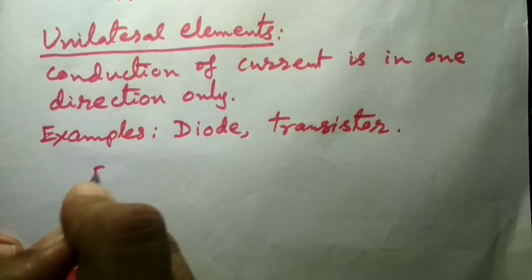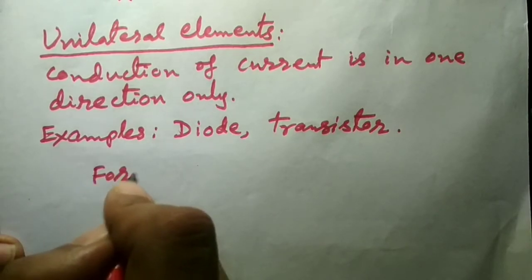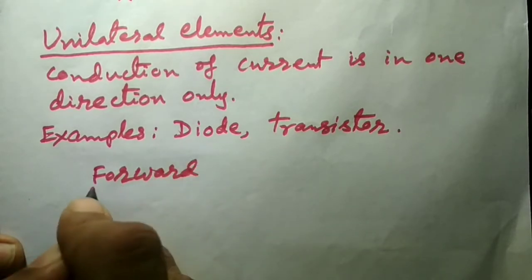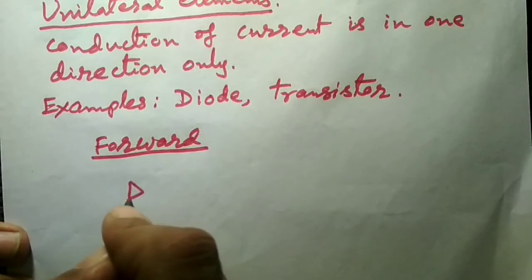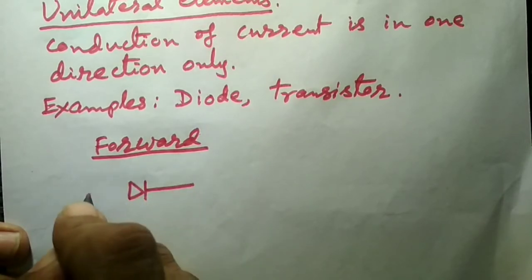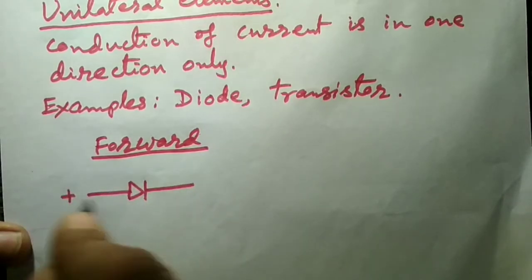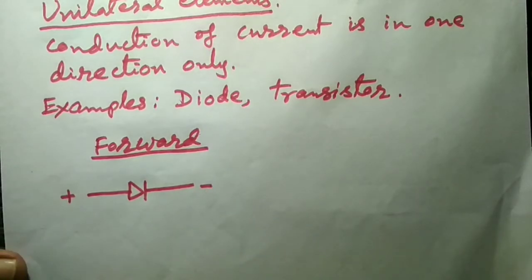In case of forward biased condition, the polarity of the diode should be as shown here. So the current will flow from positive to negative terminals.